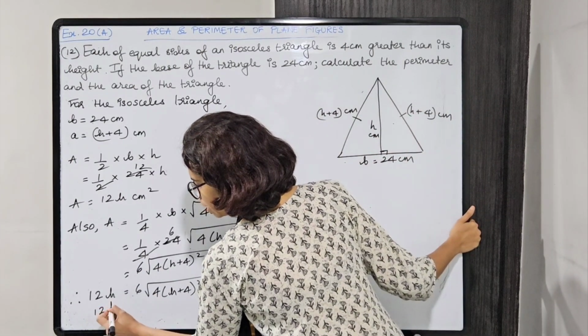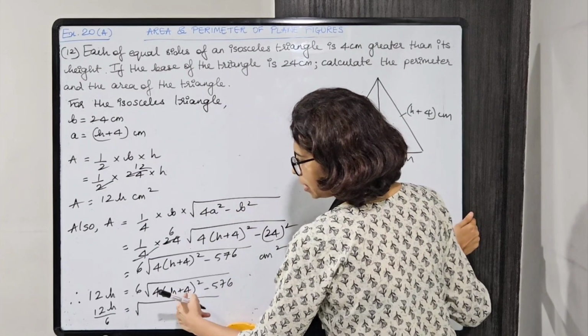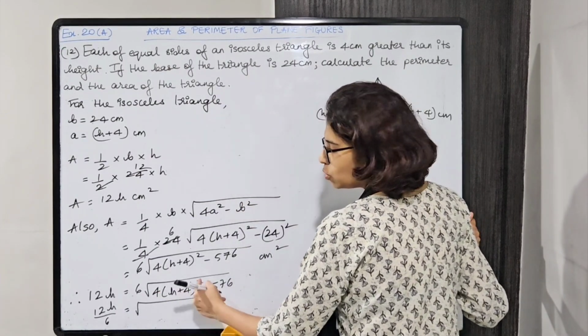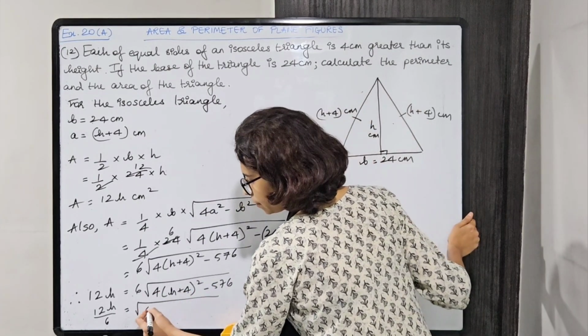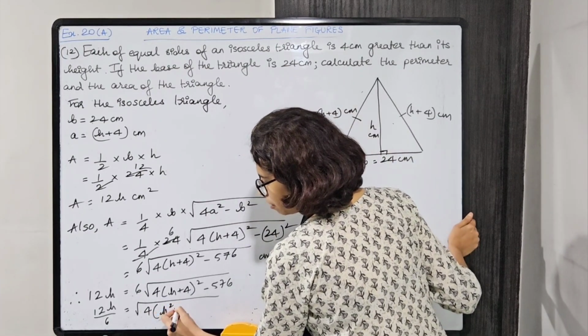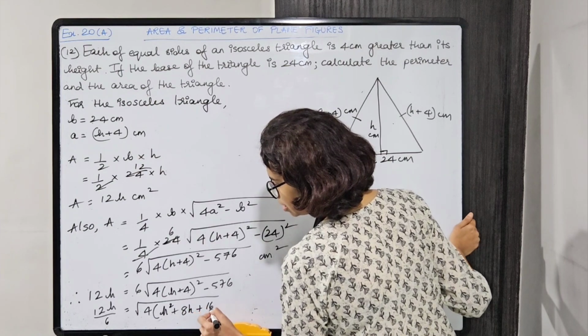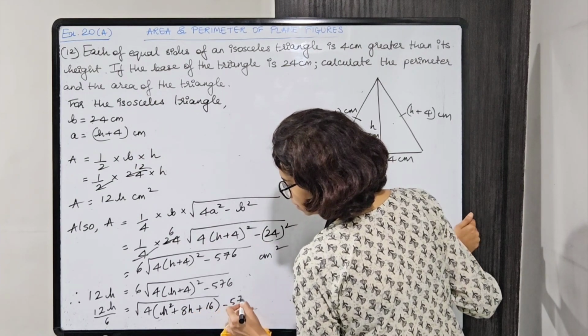So 12h by 6 is equal to root of, यहाँ पे सॉल्व करते हैं, (a plus b) the whole square का फॉर्मूला. So expand this, h square plus 8h plus 16 minus 576.